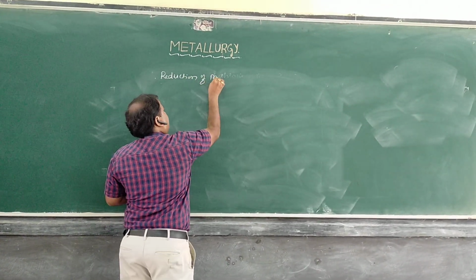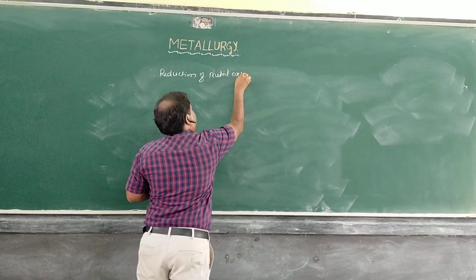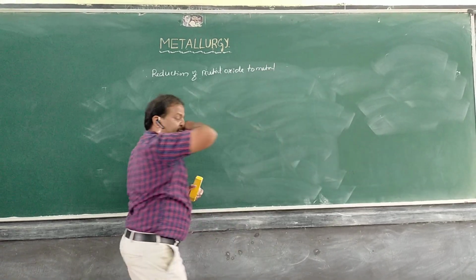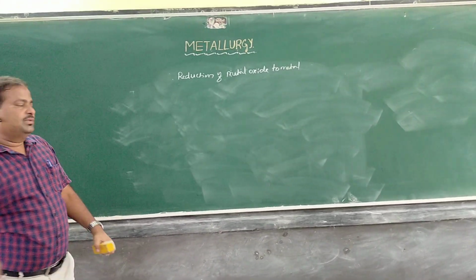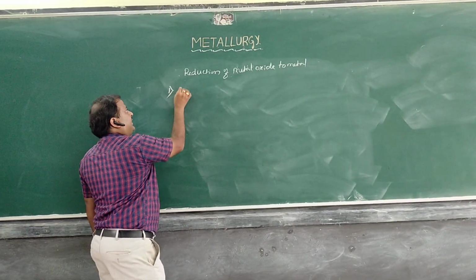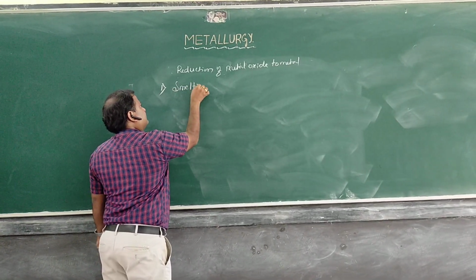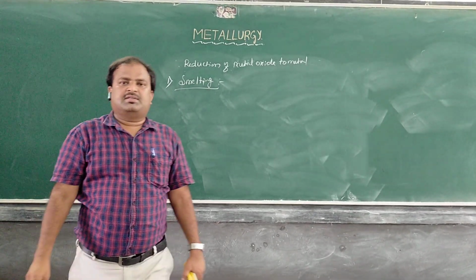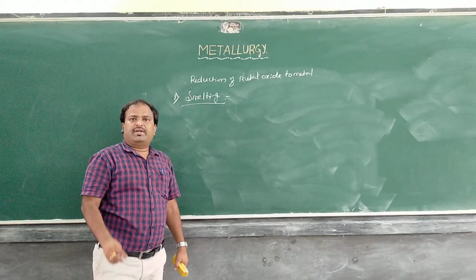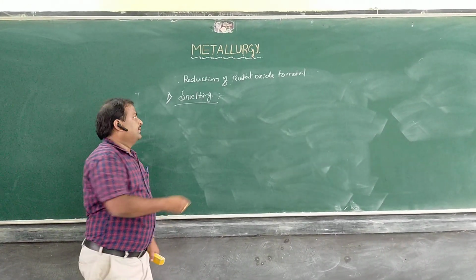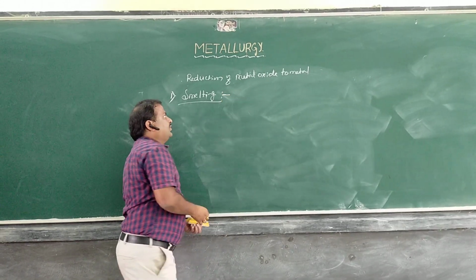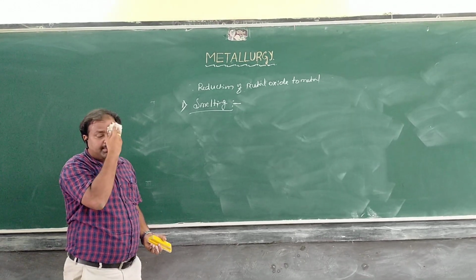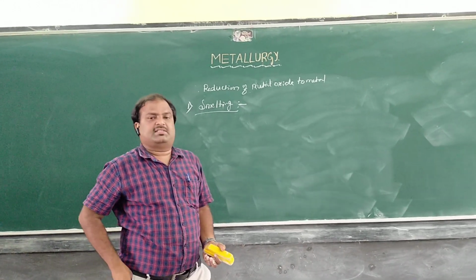Reduction of metal oxide to metal. This involves two processes, as we know: smelting. Smelting is the process in which the ore is heated to high temperature in presence of a suitable reducing agent and a flux.